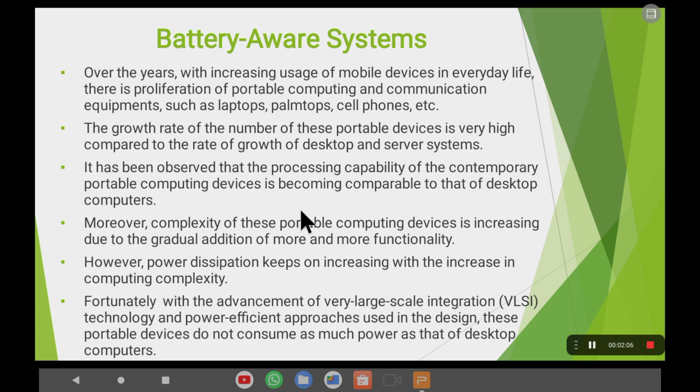Moreover, the complexity of portable devices is increasing due to the gradual addition of more and more functionality, so the battery life also decreases. One more important point is that power dissipation keeps increasing with increasing computing capacity.